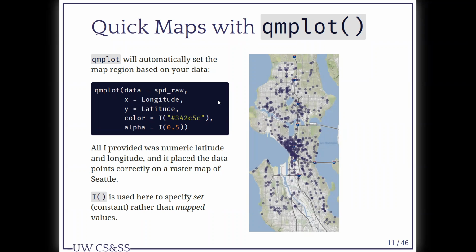And also, if you want to set a particular thing, for instance, color to this particular purple, you would have to wrap it in this I function, which is used here to specify a constant rather than map values. But I think this is pretty pleasing. I recognize all of these things.